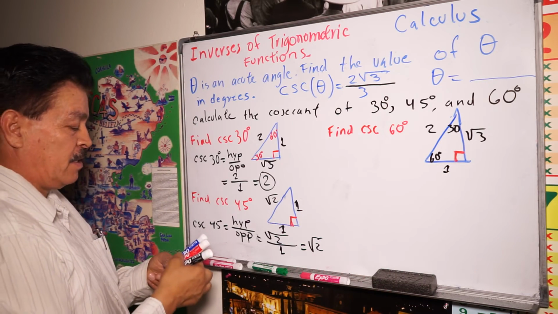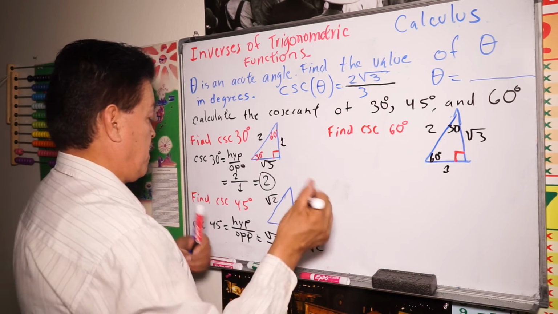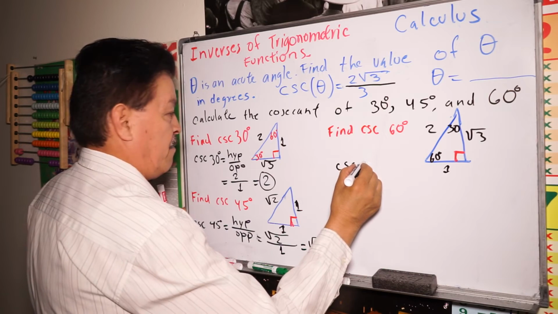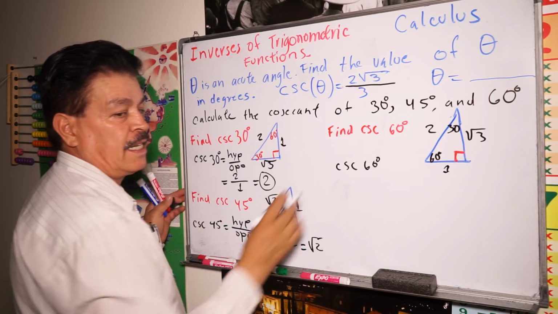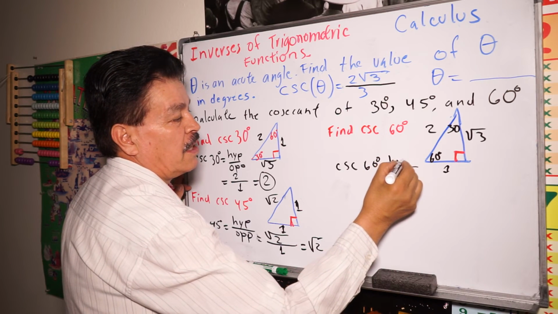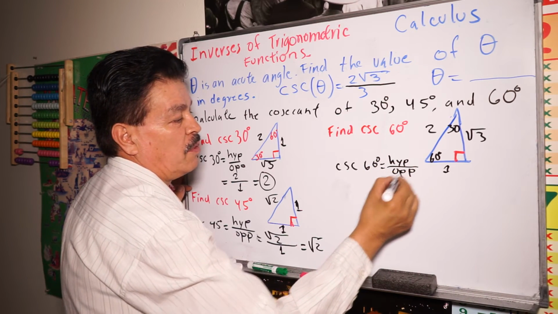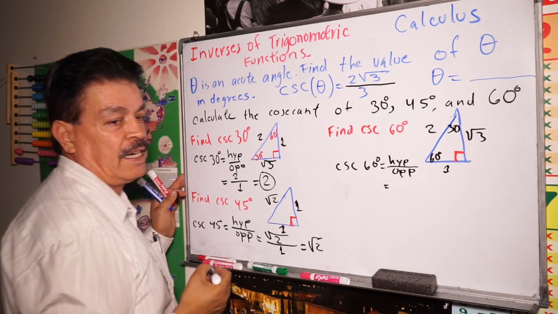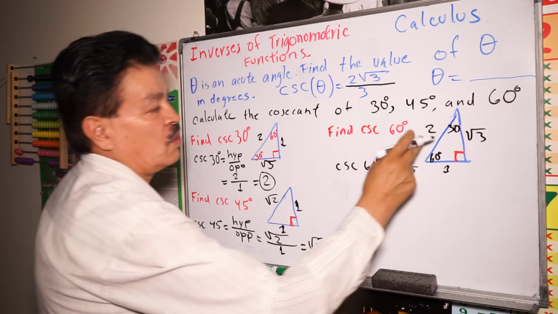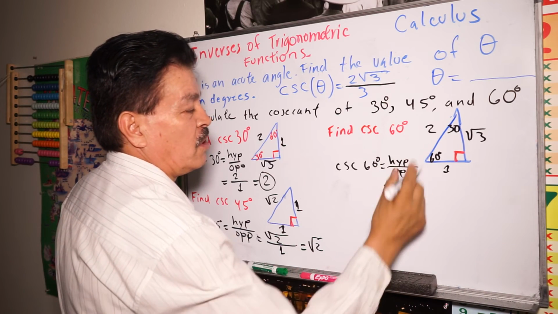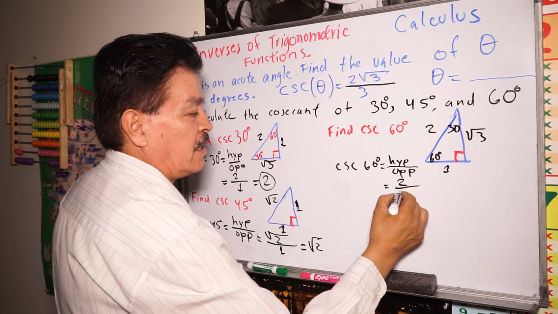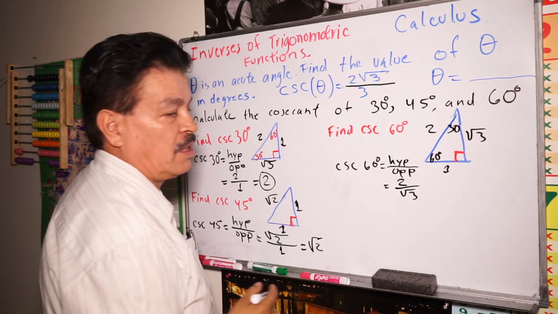Here the cosecant of 60 degrees is equal to hypotenuse divided by opposite. What is the opposite here? The hypotenuse is 2 right here, and the opposite is square root of 3.